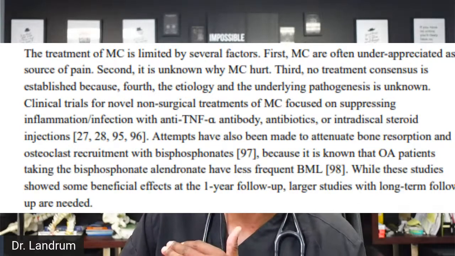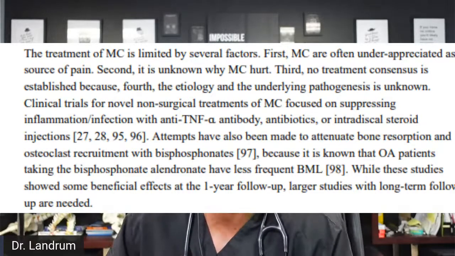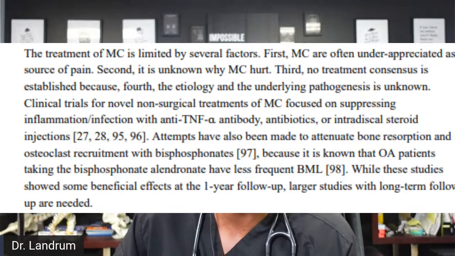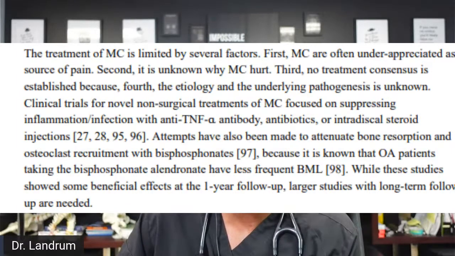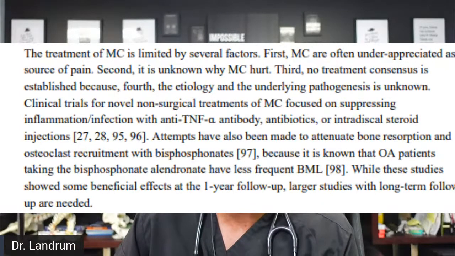But be that as it may, they also make mention of how you can attenuate or decrease this bone resorption and osteoclastic recruitment by using bisphosphonates, which are ways to try to improve overall bone structure. And what we're seeing is that these areas of Modic changes mimic bone marrow lesions like we see in the knee that can cause knee pain.